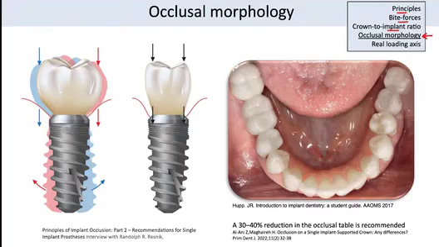Like here. Compare the width of the crown here and the dimension here. It is around 50%.